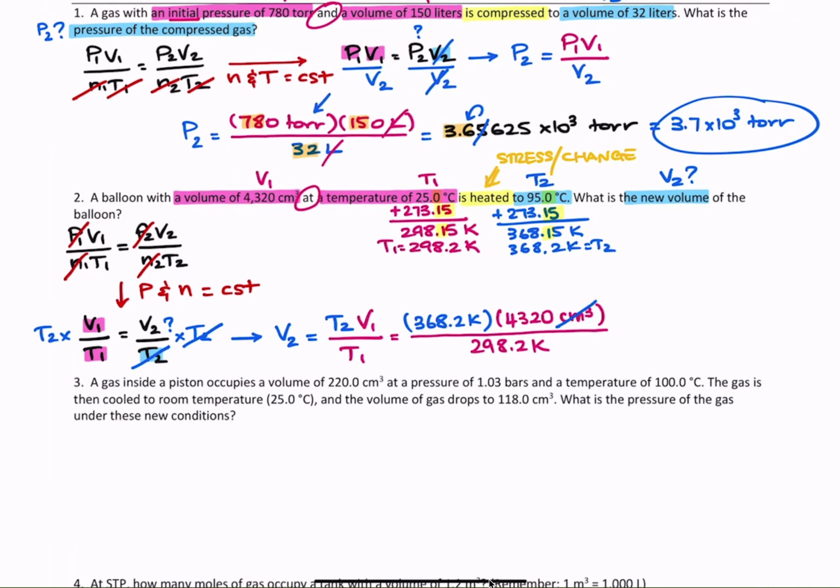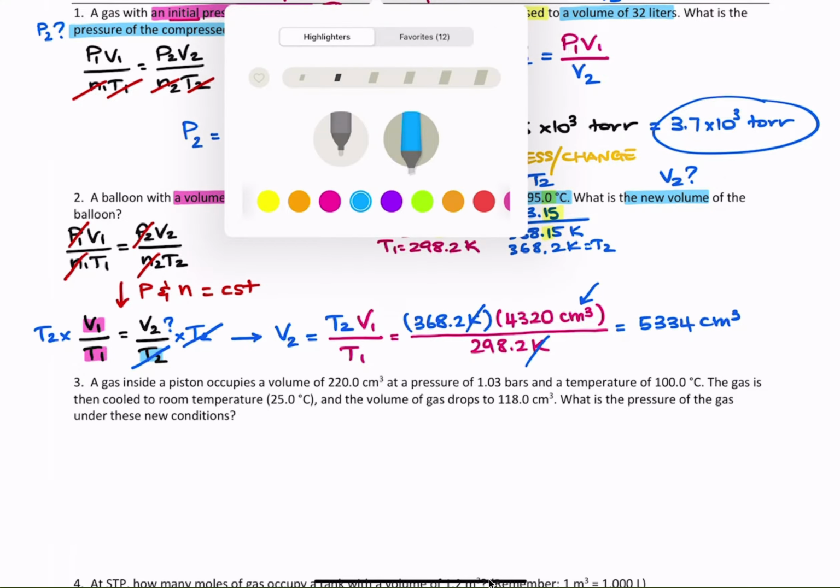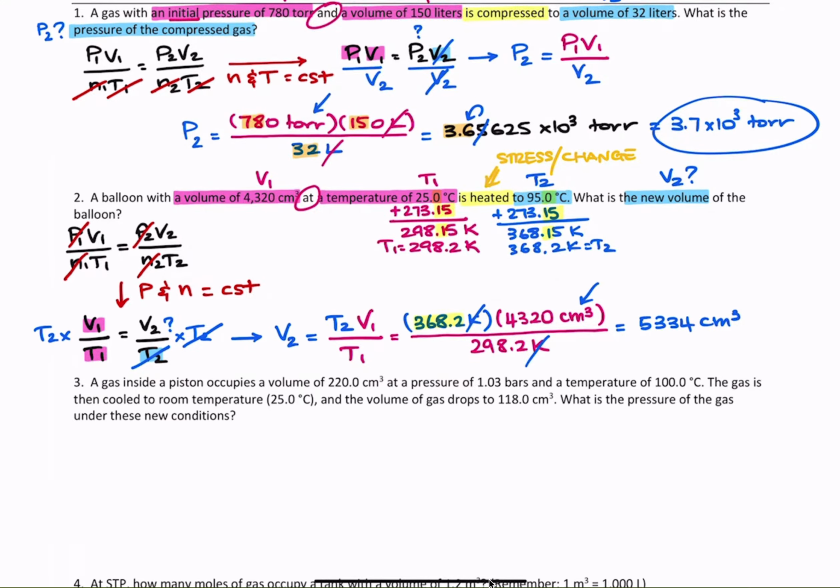Check that your units cancel. Oops, wrong one. Check that your Kelvin cancel. You're left with the unit for volume, which is cubic centimeters. Plug this into your calculator. 5,334 cubic centimeters is the answer from your calculator. Sig figs 4, 3, 4.